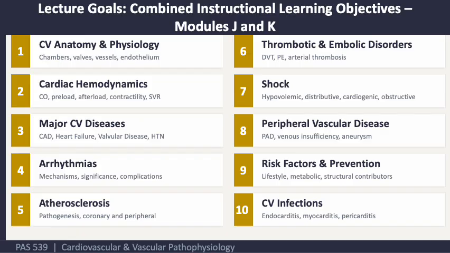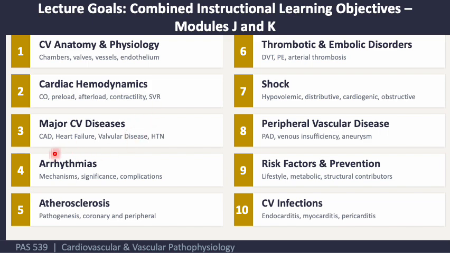So we're initially going to talk about cardiovascular anatomy and physiology, which will include the chambers, valves, vessels, and endothelium. We're going to talk about cardiac hemodynamics. We'll discuss cardiac output, preload, afterload, contractility, and systemic vascular resistance.